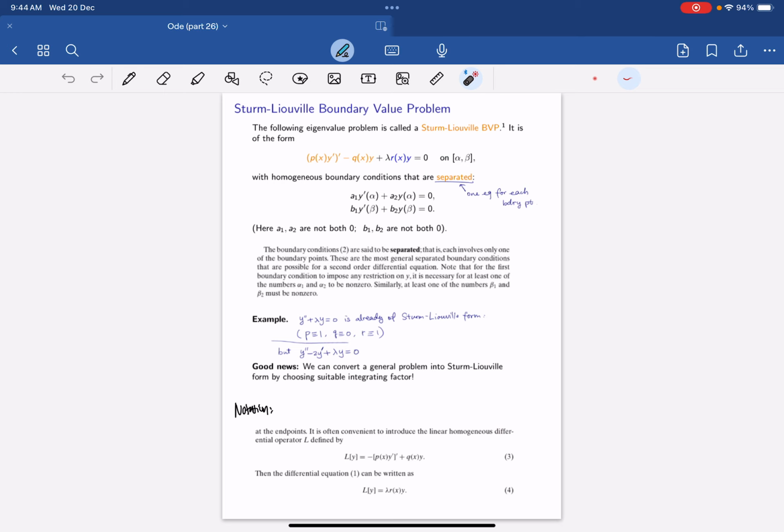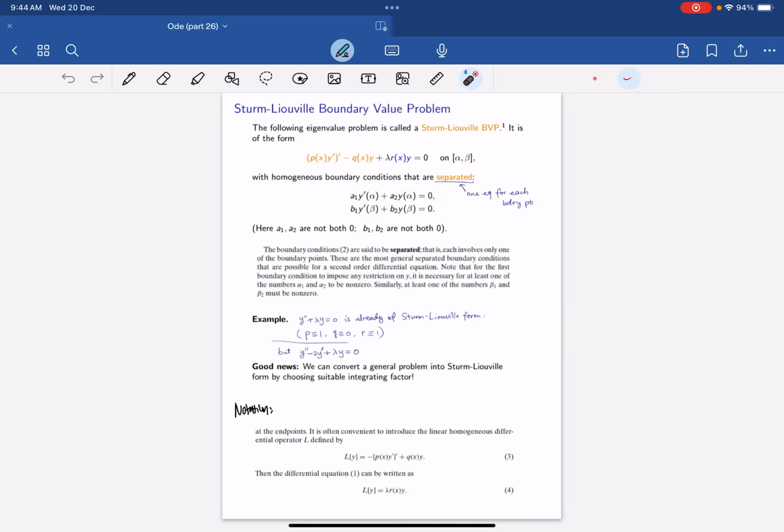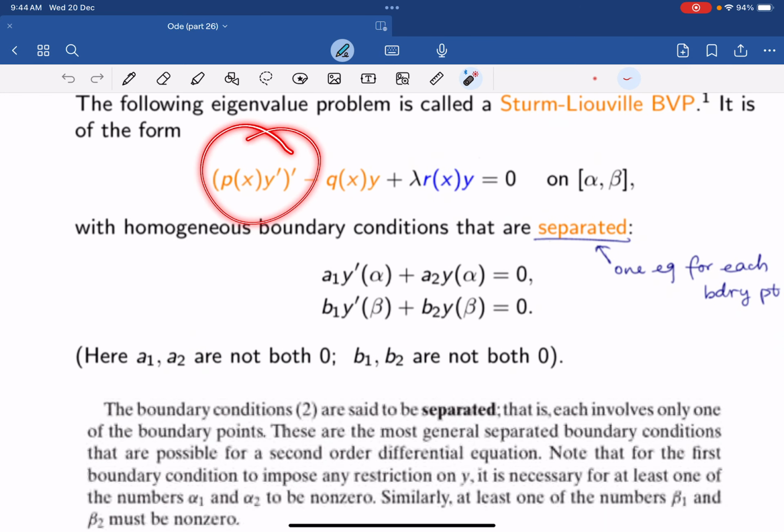Hi, in this video, I'll be going through a more general type of boundary value problem, and for this eigenvalue problem will be known as a Sturm-Liouville boundary value problem. And the Sturm-Liouville boundary value problem will be of the form here.